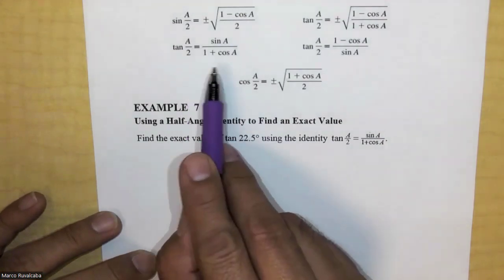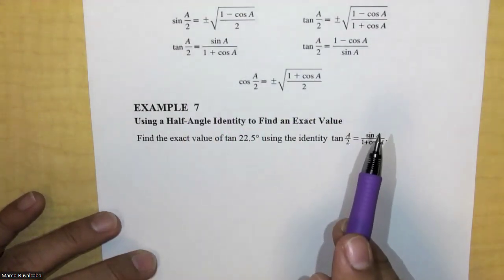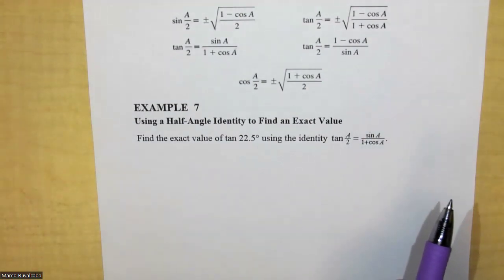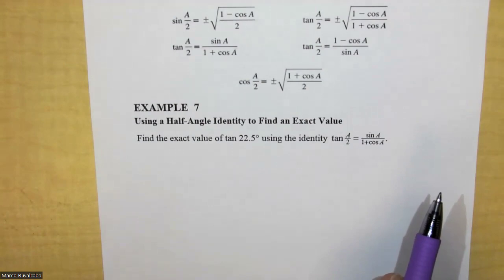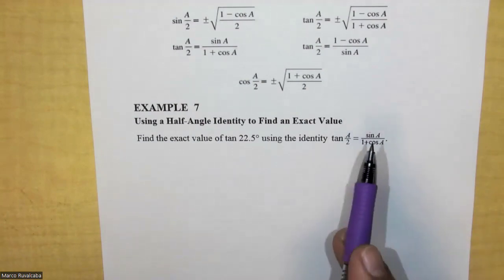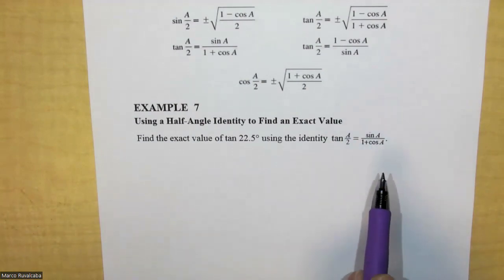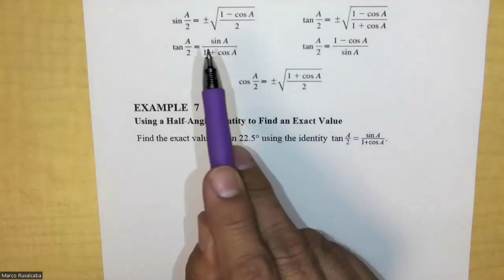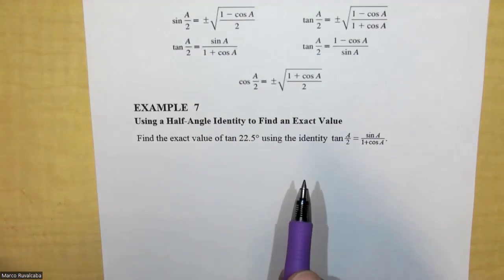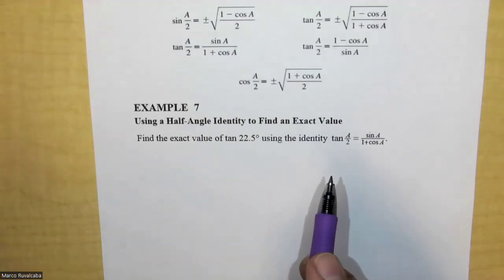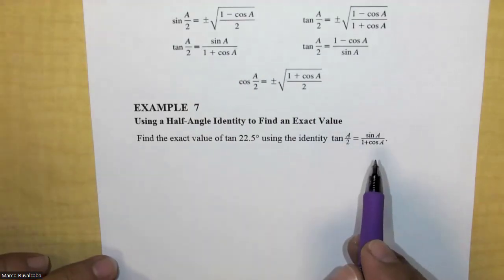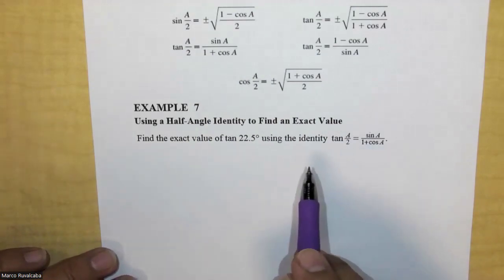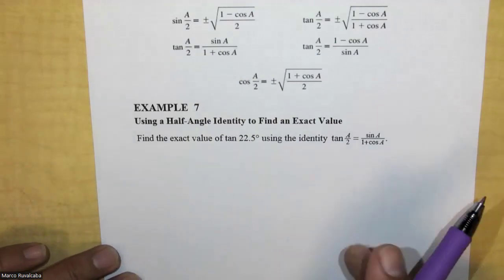And you could really use any of those identities if you knew certain values that maybe are easier to plug in. So as you can see, there's 3 different ways you can find tangent of A over 2. But for this one, it's sort of straightforward to use this one. So let's try doing this one here.